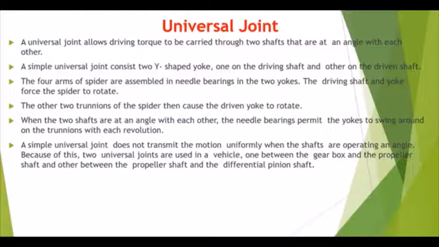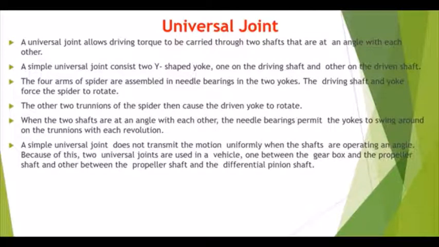The two trunnions of your spider cause the driven yoke to rotate. When the two shafts are at an angle with each other, the needle bearings permit the yoke to swing around the trunnions with each revolution. Generally, a simple universal joint doesn't transmit the motion uniformly when the shafts are operating at an angle.